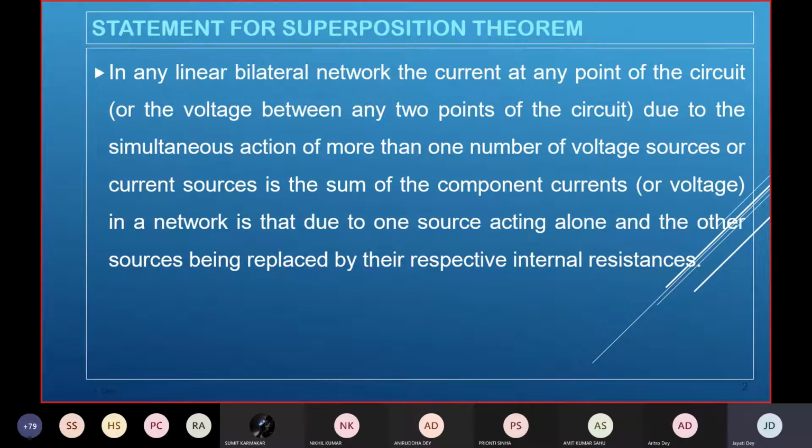So the resultant effect when all the sources are considered is the algebraic summation of the individual effect of the sources.